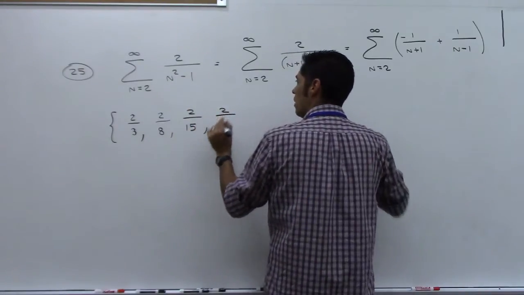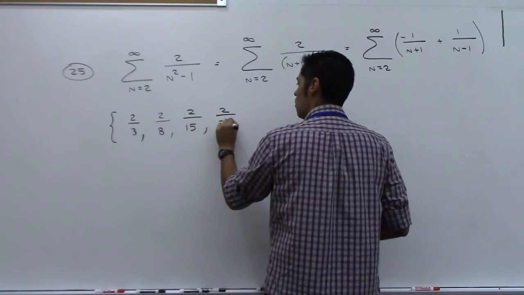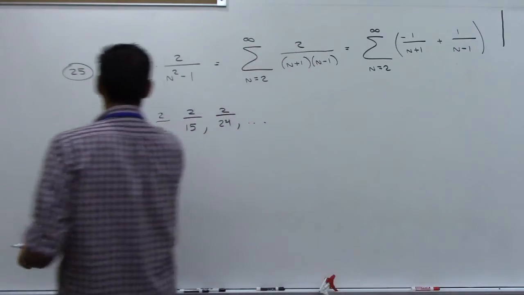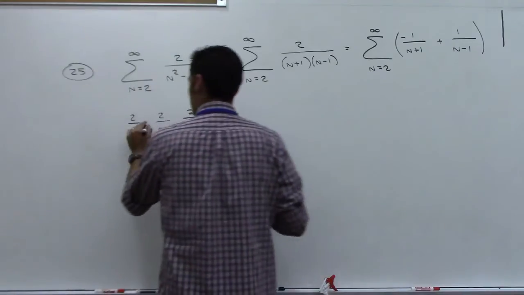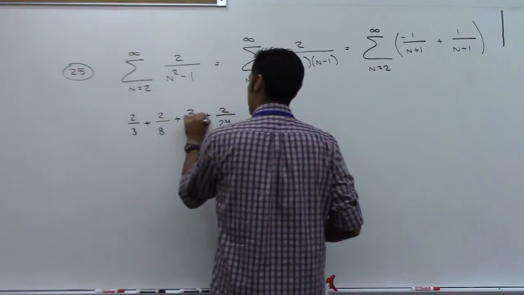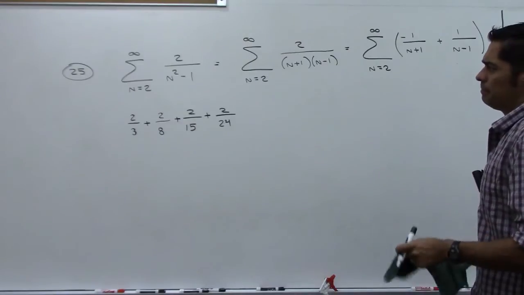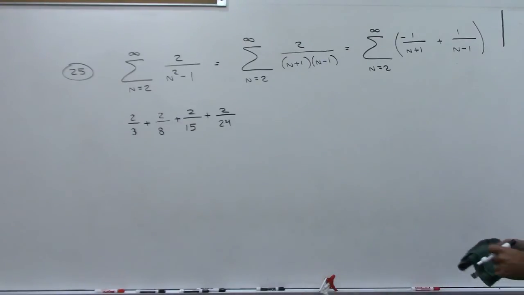And then 2 over 25 minus 1, 24. Sorry, I took a break and I've lost my train of thought here. So this is what we've got there. I don't really see anything happening that is going to help me figure out what's going on.